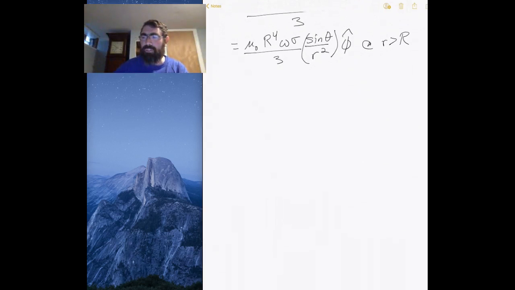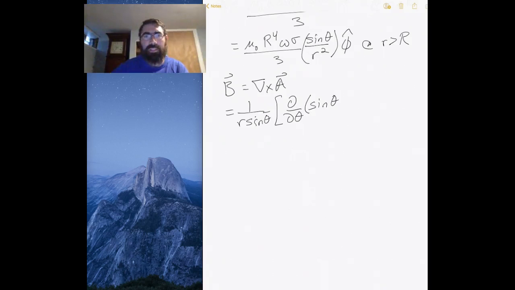So to get the magnetic field, I would now have to take the curl of the magnetic potential, which would be, in spherical coordinates, 1 over r sine theta, d theta of sine theta times the phi component of A, minus d of the theta component of A with respect to phi.